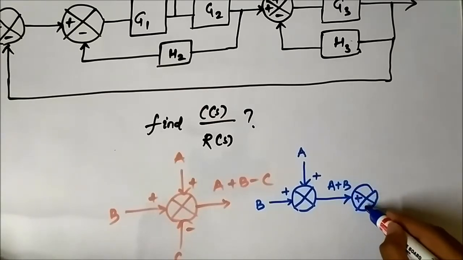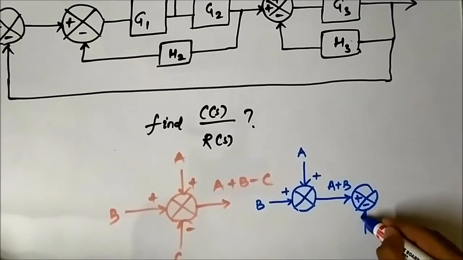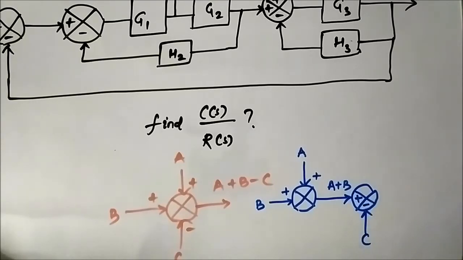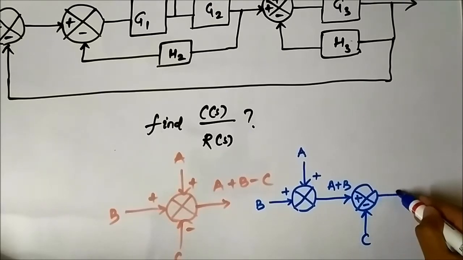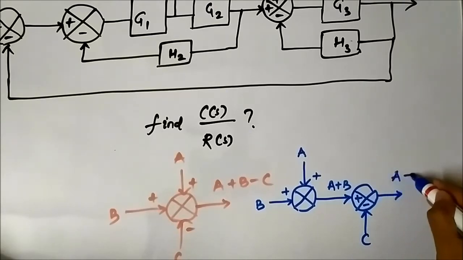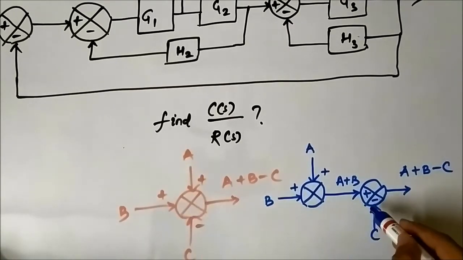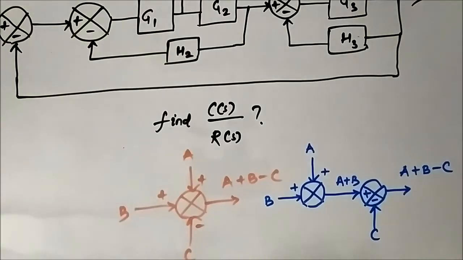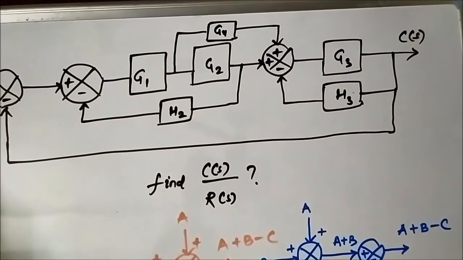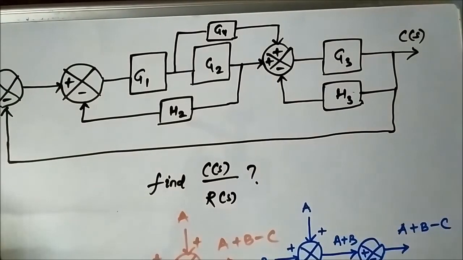This is positive and this is negative, this is C. So the net output is A plus B minus C. So you can see here we have split this summer into two parts. We are going to do the same thing here. So let us do that.